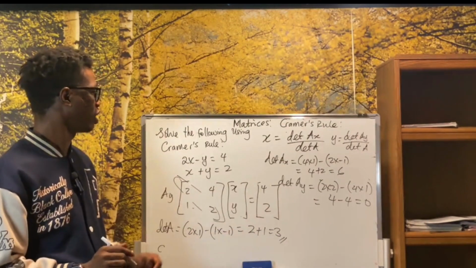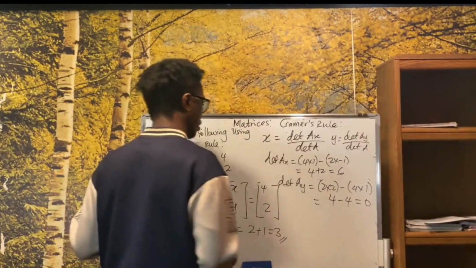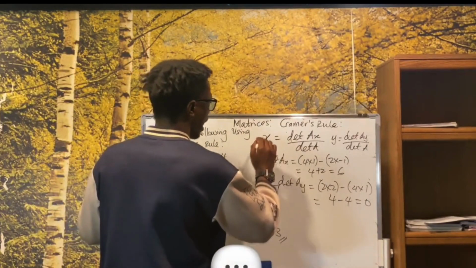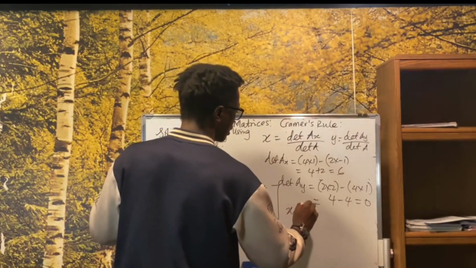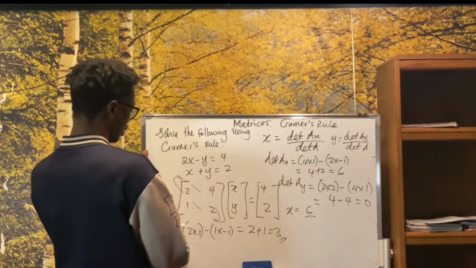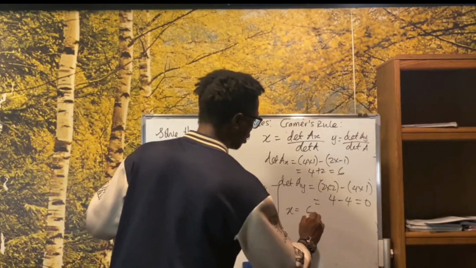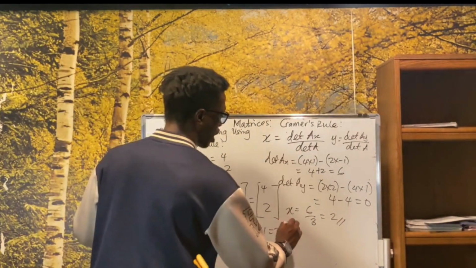Easy. Now once you have that, the next thing is for you to apply the formula. Okay, remember we say x is going to be the determinant of Ax. The determinant of Ax is 6 divided by the determinant of A. The determinant of A initially, which is this, is what? 3. So your answer here becomes 2. Okay, now what about y?